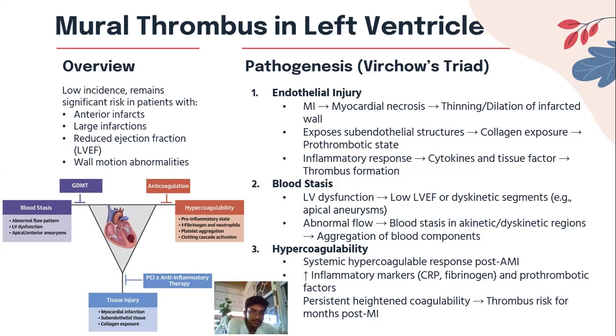Inflammatory cells, such as neutrophils, play a role in enhancing thrombotic processes, further compounded by an increase in circulating prothrombotic factors. This state of heightened coagulability can persist for months post-myocardial infarction, contributing to the risk of thrombus formation after the acute phase. This factor is the reason why it's a complication months past the infarction.